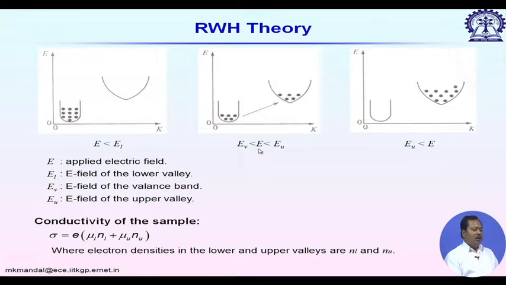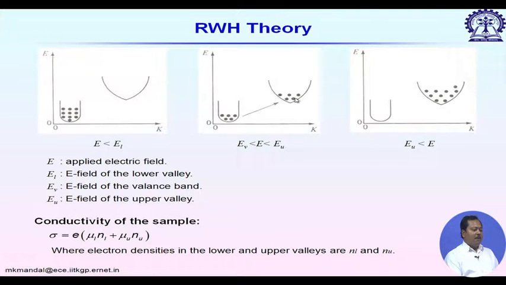Now, if we keep on increasing the electric field value, where the x axis shows the kinetic energy or the momentum k, the kinetic energy and momentum will increase. Let us say E_v is the E field of the valence band, and E_u represents the E field of the upper valley, the second band. If we keep on increasing the applied electric field, its momentum will increase and some of the electrons will transit to this second band, second valley.